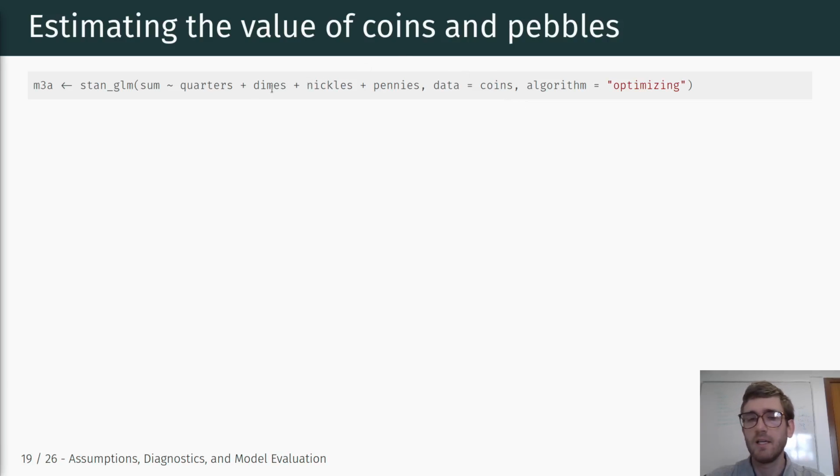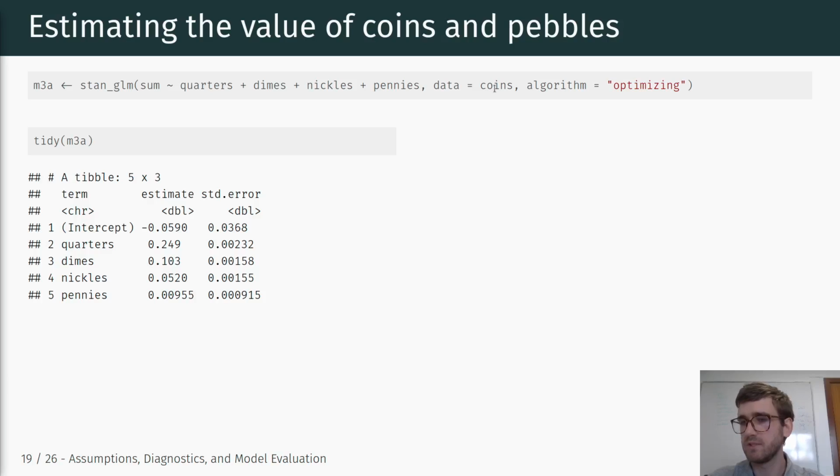Okay, so the first regression model that we will specify is a correctly specified model, in the sense that we include all relevant predictors to predict our outcome, which is again the sum, the total value in each pocket of our 100 observations. We have the number of quarters as one predictor, the number of dimes, the number of nickels, pennies, and that's it for our coins data.